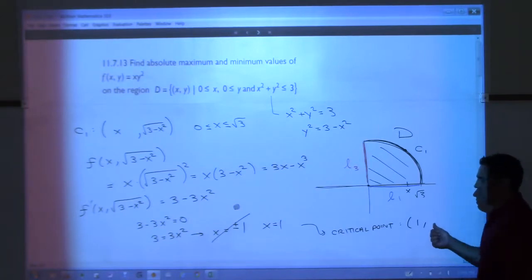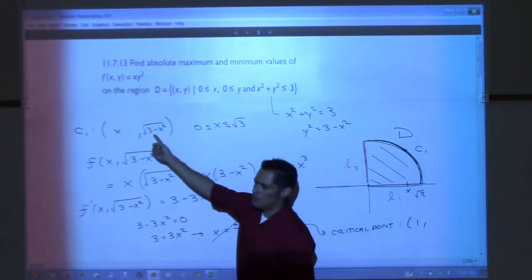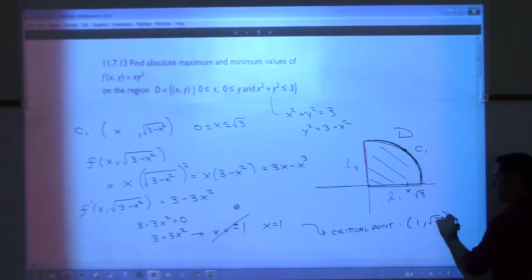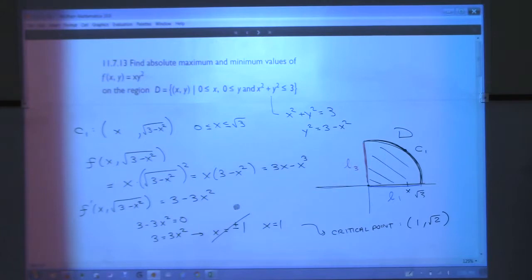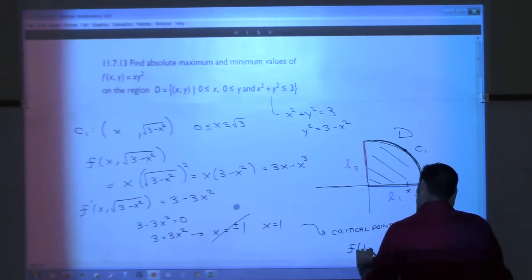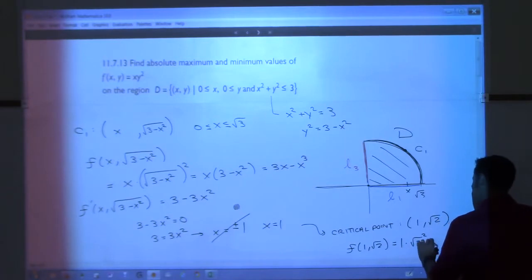What's the y value? You got to plug 1 into this, right? So root 3 minus 1, so root 2. So (1, root 2) is a critical number, and we need to now plug that into the function, don't we? So what is f of this? f of (1, root 2) is 1 times root 2 squared, which is just 2.